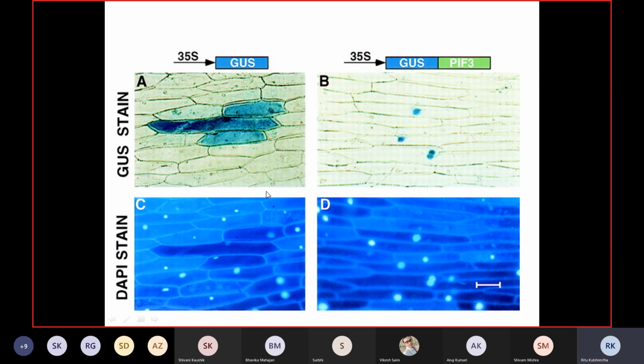So this is onion peel, and in the cloning vector, you had this 35S promoter. This is one of the promoters that is used in the plant cells.